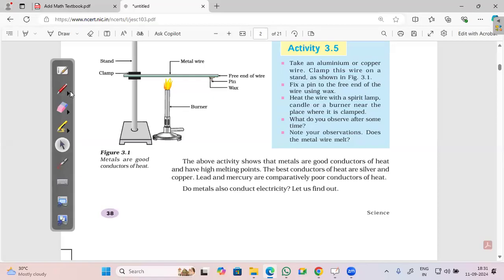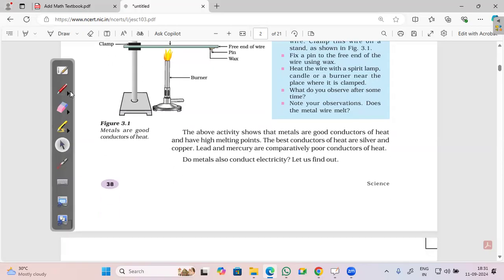Iodine is lustrous. A non-metal which is liquid at room temperature, bromine. So I think these were the exceptions.